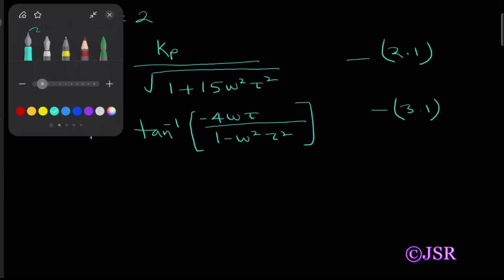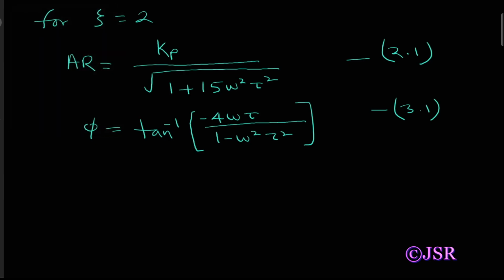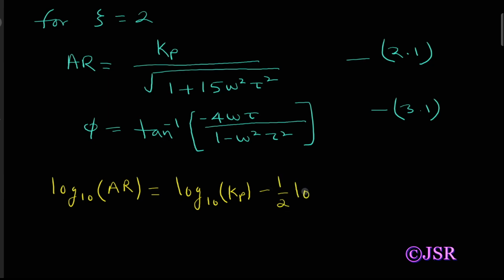So if we take the log, so we will have log AR will be equal to log Kp minus half log 1 plus 15 omega square tau square.